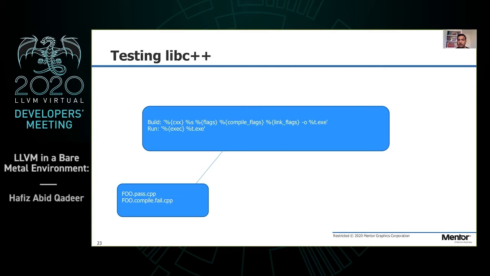On the other hand, it can be foo.compile.fail.cpp. It means that we should expect the compilation step to fail. Similarly, you can say the name of the test file that it needs to compile and link but fail at runtime.